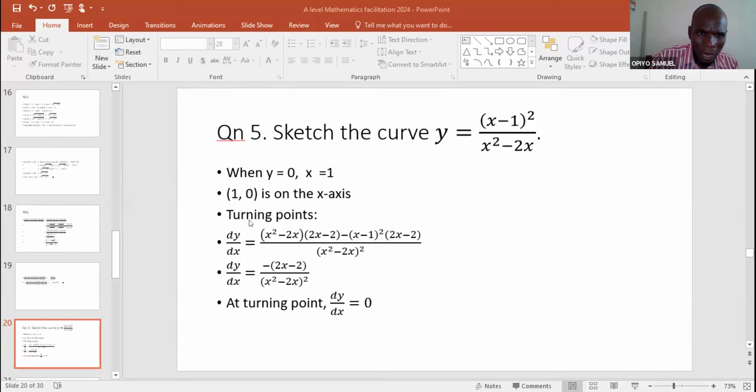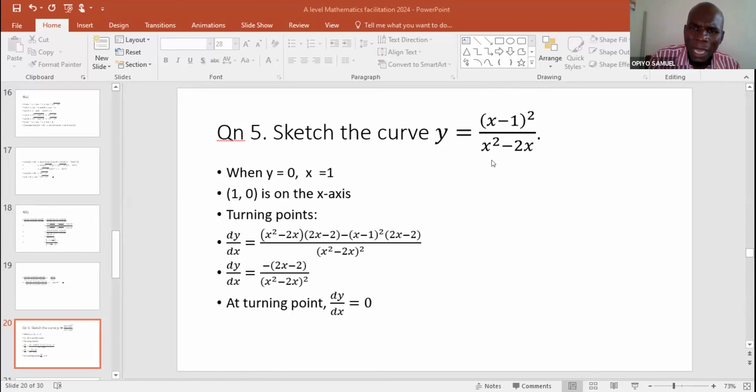Then, when we come to turning points, we need to differentiate. This being a quotient, we need to apply the quotient rule. I've not written the quotient rule here, but that's what we have used. So you differentiate the denominator, which is your v, and also u.